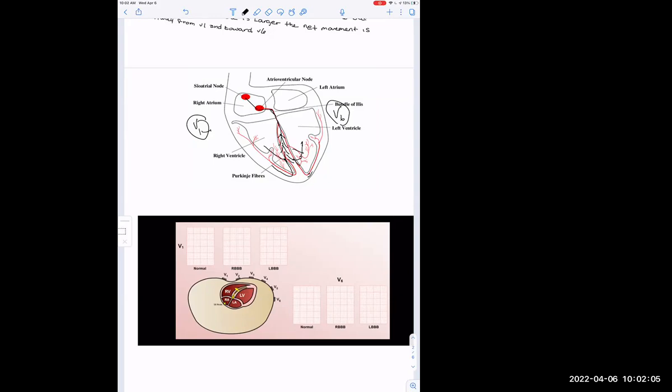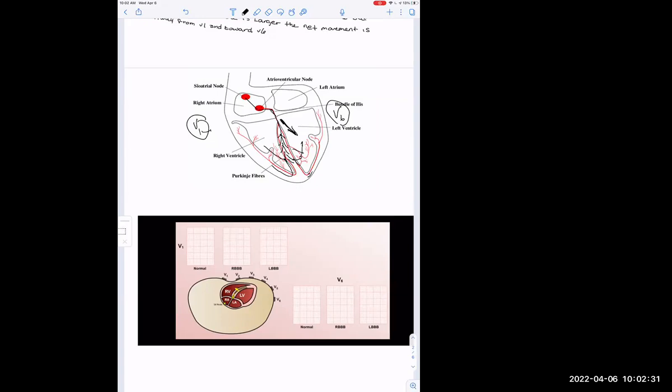So in V1, if we think about normal cardiac contraction, we said that the general gist of the direction of energy in the heart is moving downward and to the left. So this axis is moving downward and to the left. That's what the 12 lead sees.